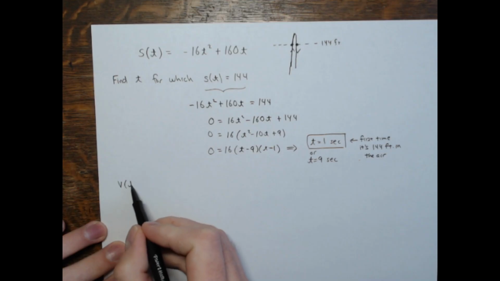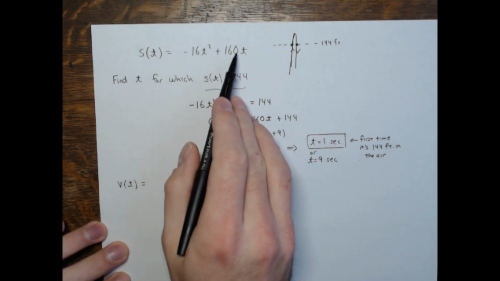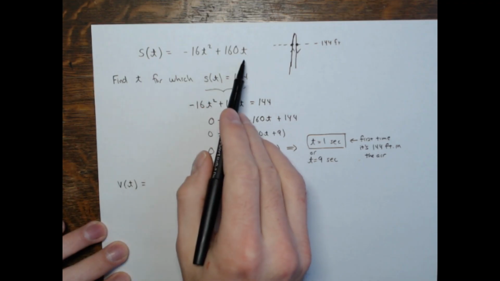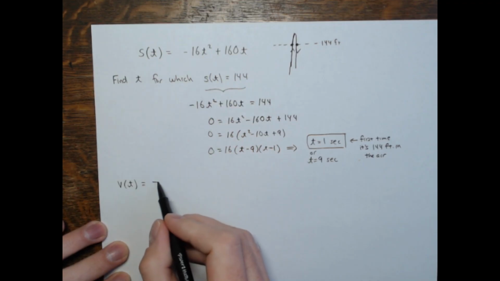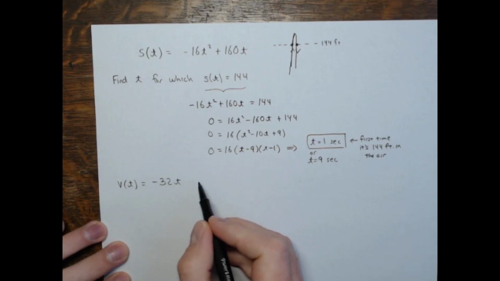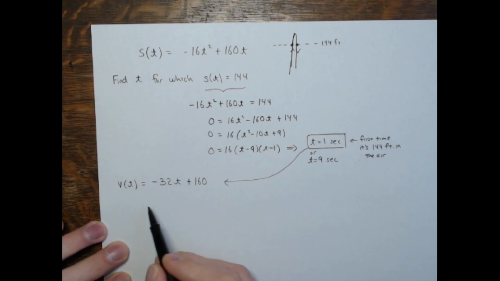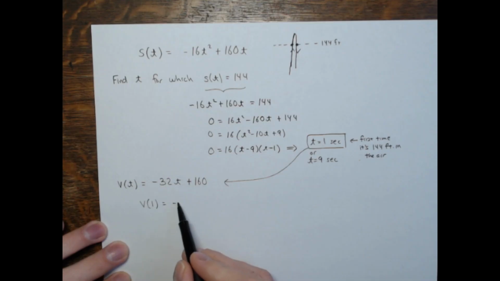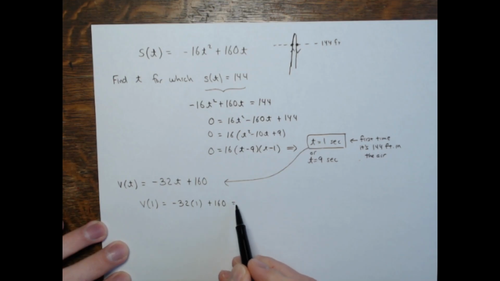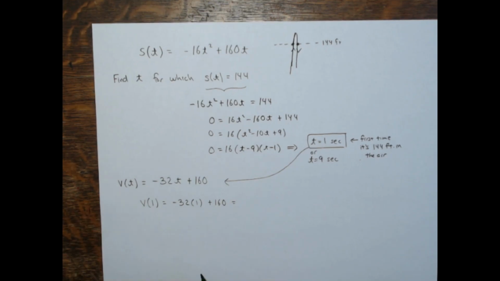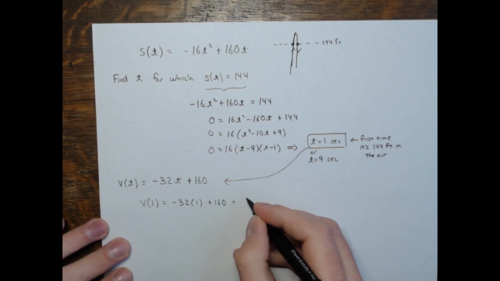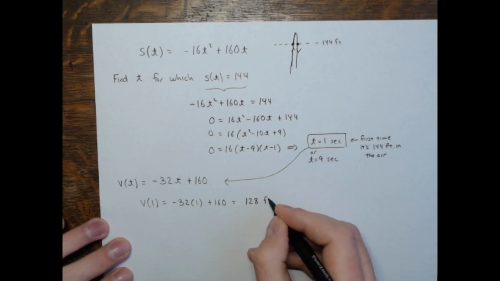Remember, velocity is the derivative of position. So this nice little polynomial, the derivative would be negative 32t plus 160. At this time, the velocity at 1 second would simply be negative 32 times 1 plus 160. That's negative 32 plus 160, which is positive 128 feet per second.